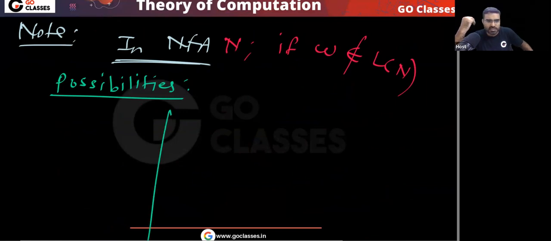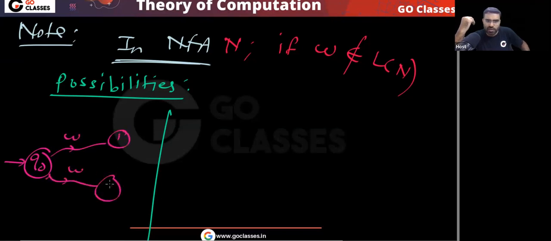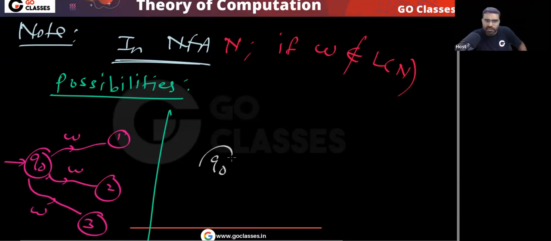The possibilities are these. Either from the initial state on W, wherever you go, that will be non-final. Agree? Or this possibility will happen, that there is no move. Nowhere.